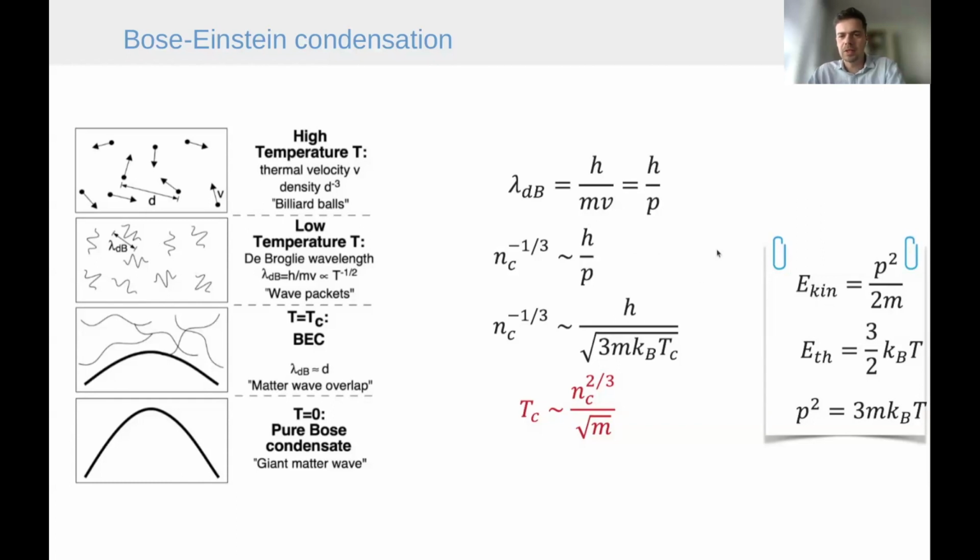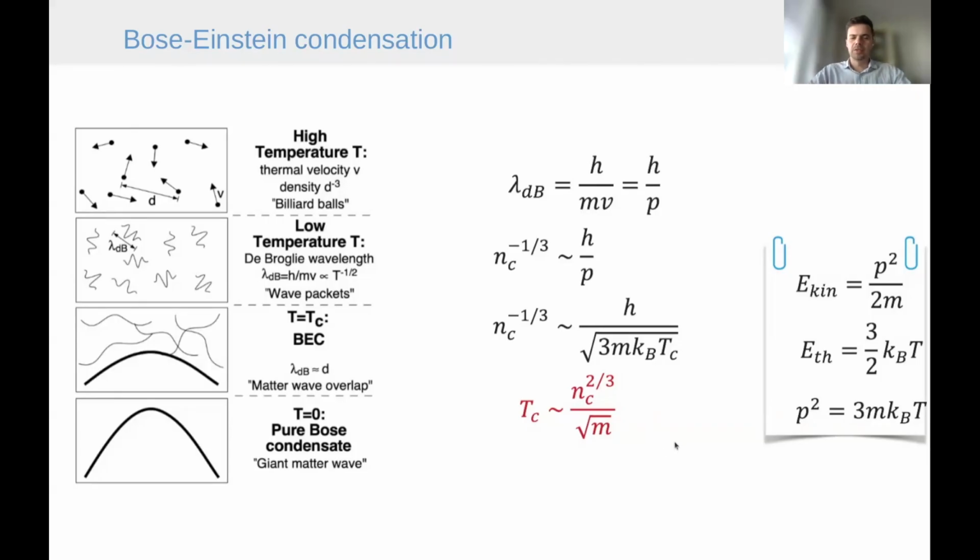Now we can estimate the average momentum of a massive particle at a certain temperature, taking into account the formula for kinetic energy and comparing it with the thermal energy. This gives us a formula like this, which we can just plug into this equation. And this way, we see that the critical temperature will be proportional to the density to the power of 2/3 and inversely proportional to the square root of the mass.